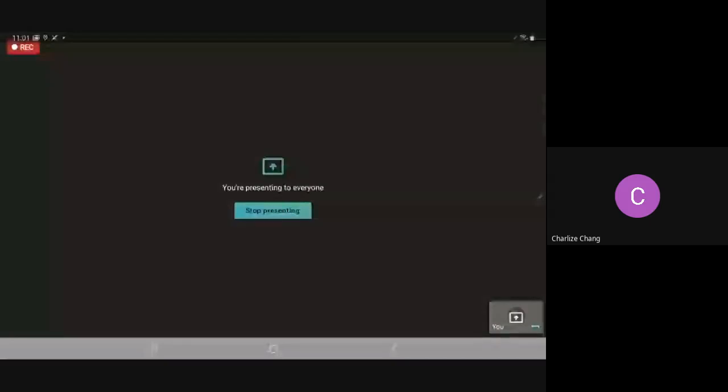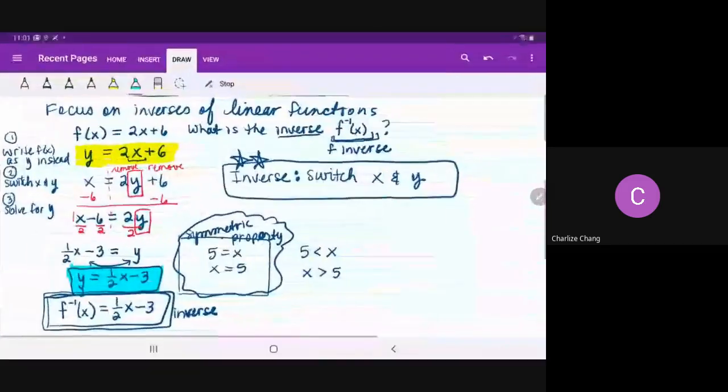So I'm going to unpresent and represent again. That's okay, though. That's not going to affect you guys. I'm going to hit stop presenting, and then I'm going to represent. And then that should come up again. I don't know why it's acting so strange today. Present screen. Okay. So that's back up.